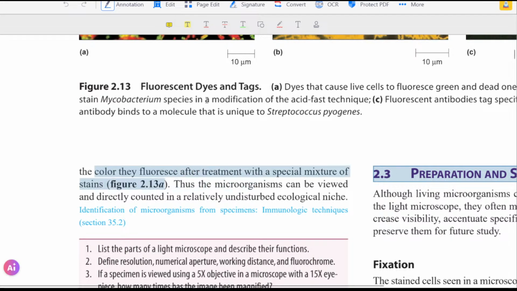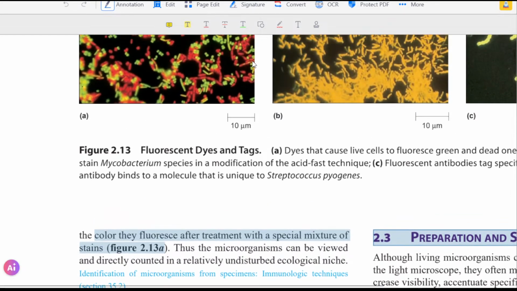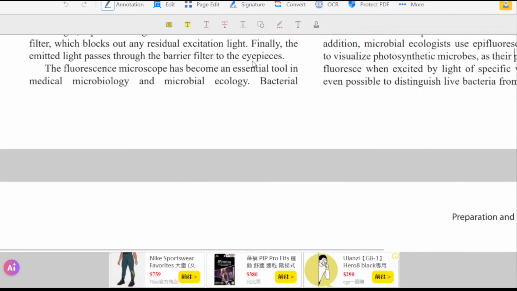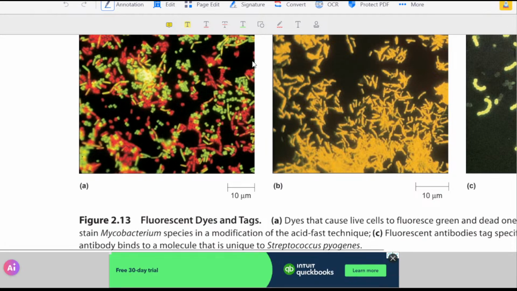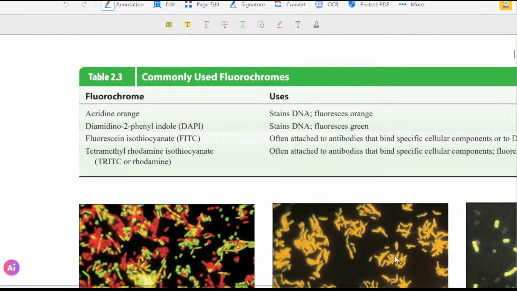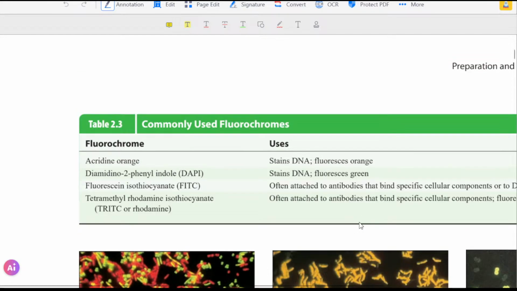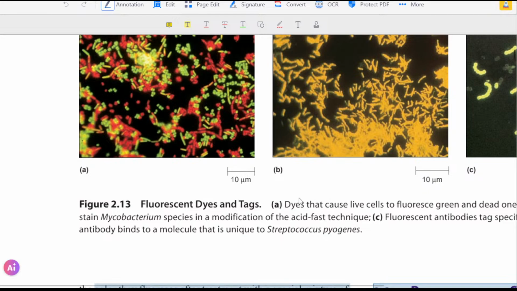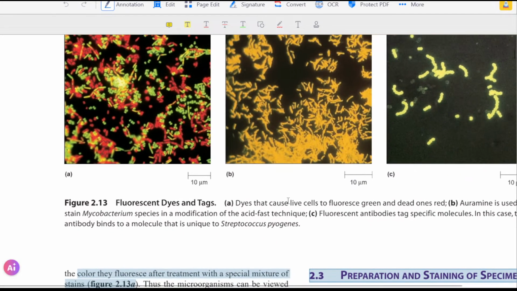Right, if you look right here in the diagram, they are saying if you color two types of cells with the same color, but one is dead and one is alive, both are going to take the light differently, right? For example, in the first one, they dyed the live and dead organisms. So dyes that cause live cells to fluoresce green and dead ones red.